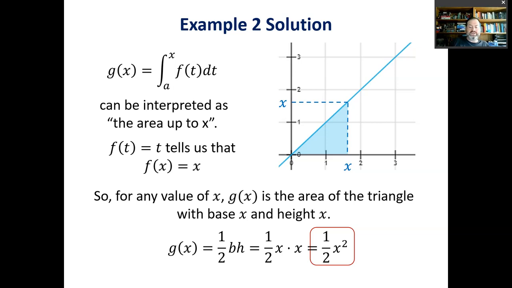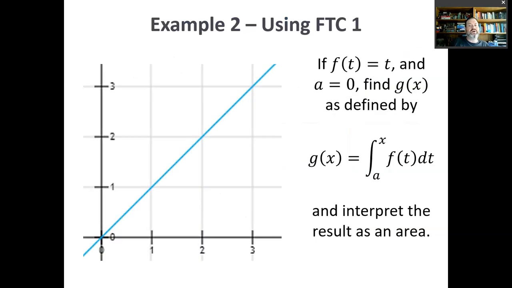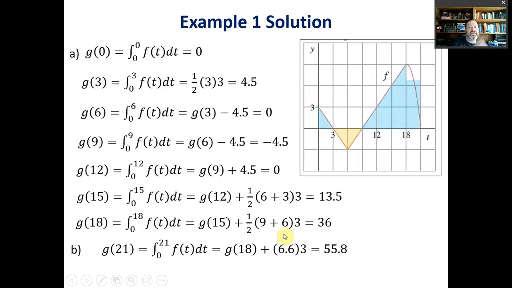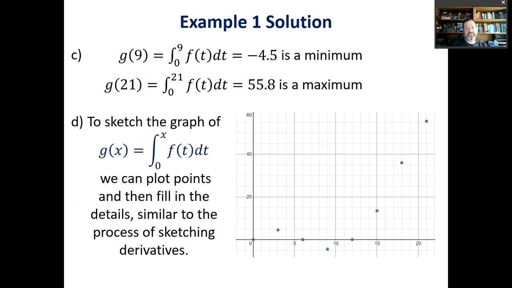To figure out if it always happens, let's go back and look at our previous problem. So if the derivative of this should be that, does that make sense? Let's find out. If the other function is the derivative of this, where is the derivative 0?